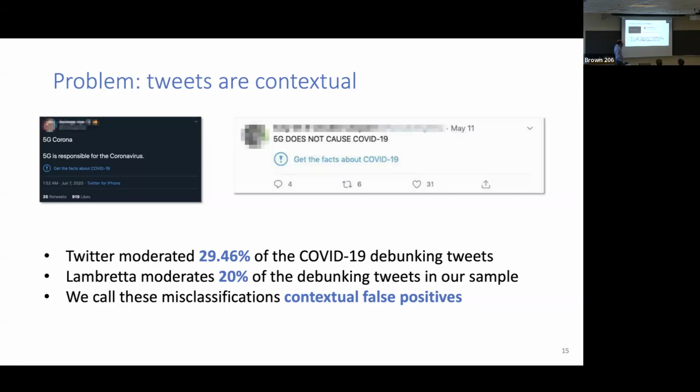What we found is that Twitter, in this context, moderated 29% of tweets that were actually debunking false information. And even our model, Lambretta, moderated 20% of tweets that were actually debunking the misinformation because it was only looking for topic matches. We call these contextual false positives, and we want to understand: can we automatically filter those out?